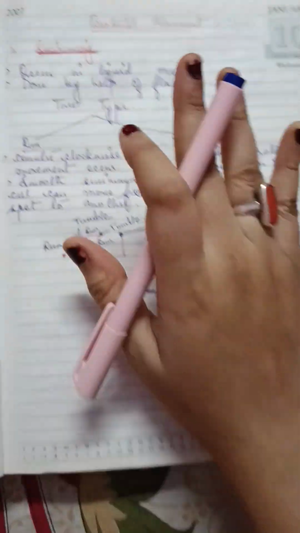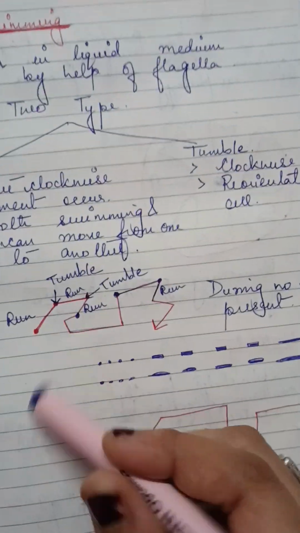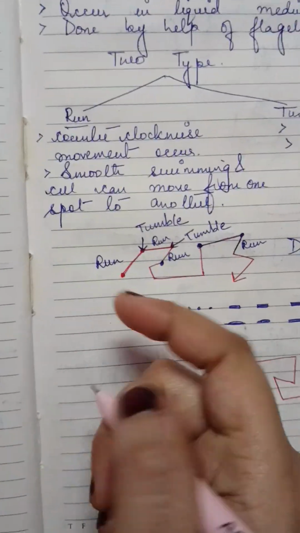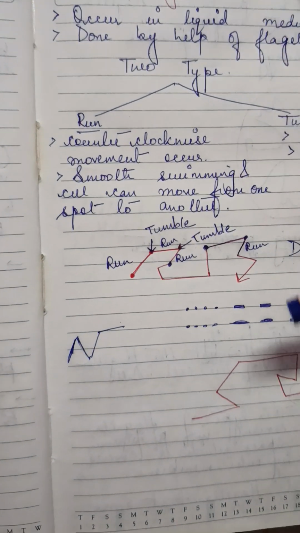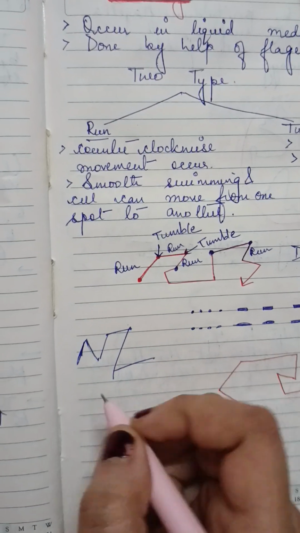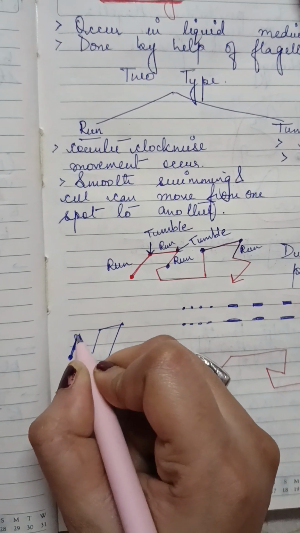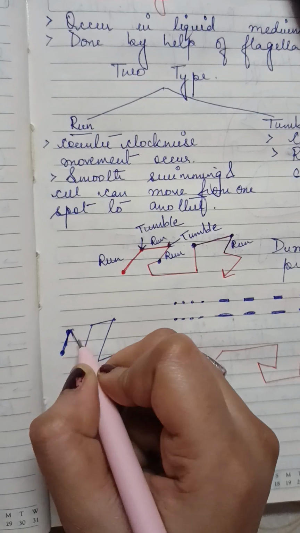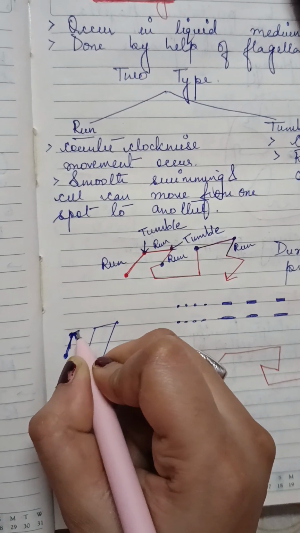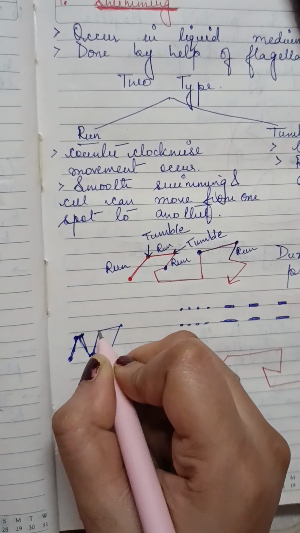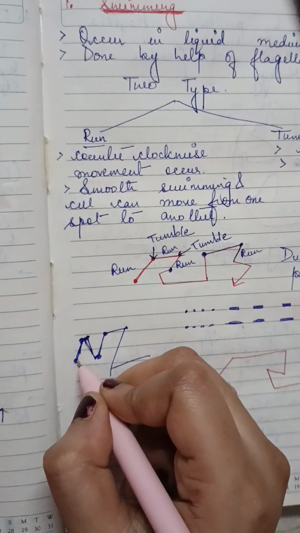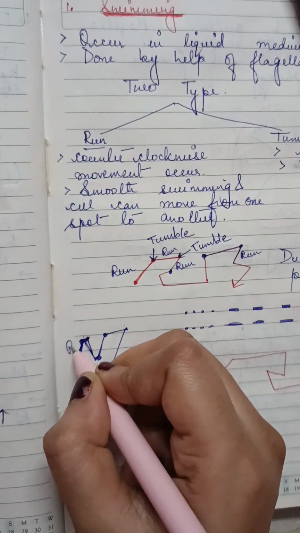The bacterial cell, I am explaining it. Like suppose I have done like this. So this portion is your tumble. The thing is turning, so this turning point is tumble, and when it is occurring, this portion is run.